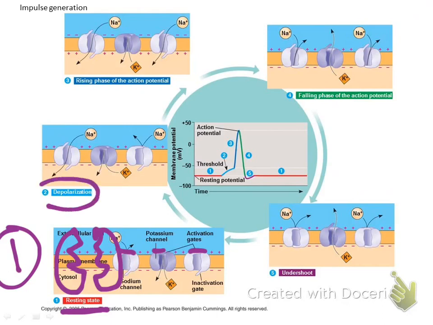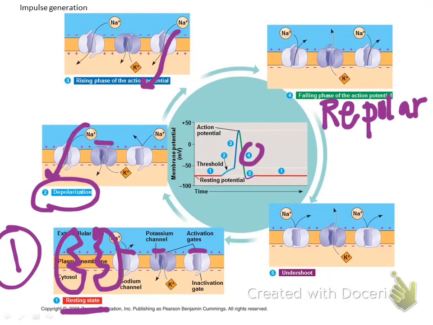Okay, so depolarization, that's when sodium floods in. You can see the potassium gate is still closed. This is showing continuous depolarization, with more sodium coming in. Okay, the next thing, on 4, it says fall. I would call this repolarization.